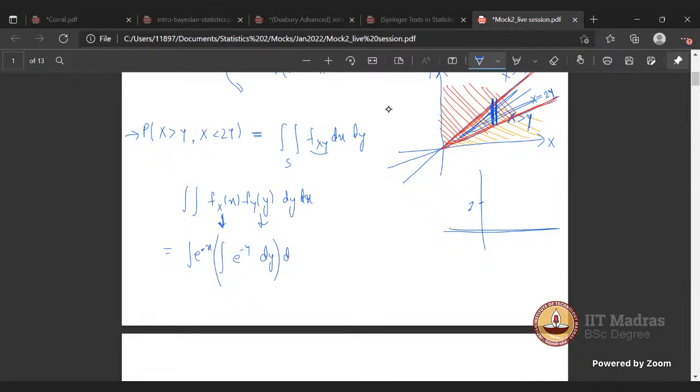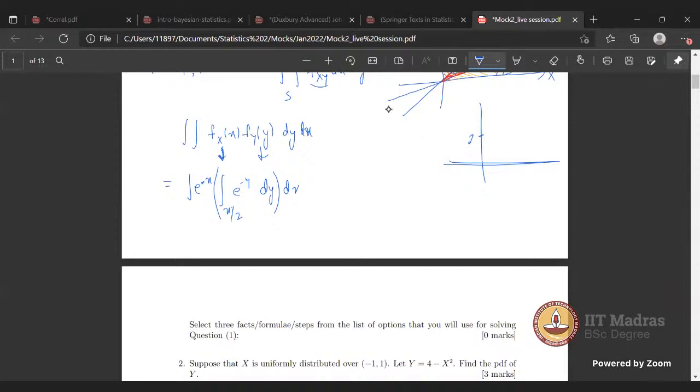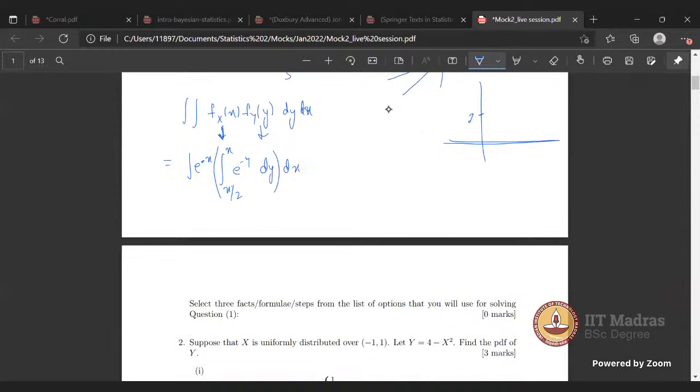First I will integrate with respect to y. If I make a vertical strip, you see y is varying from x by 2 to x, and this is dx.